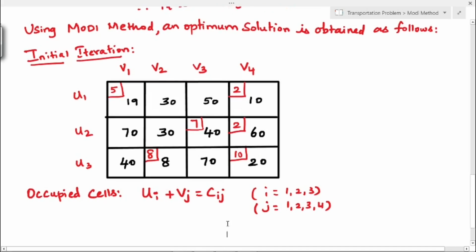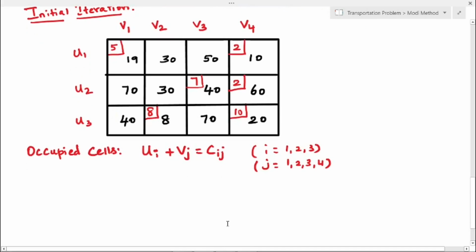First we have to find out the occupied cells. In the first row, first column we have an allocation, so this is 1,1. Similarly, first row, last column we have an allocation, so 1,4. Then second row, third column, that is 2,3, and second row, fourth column, that is 2,4.